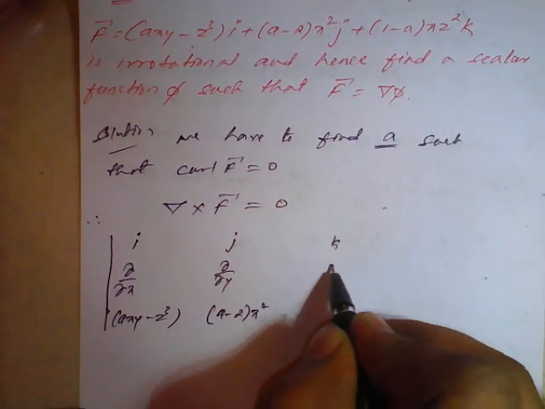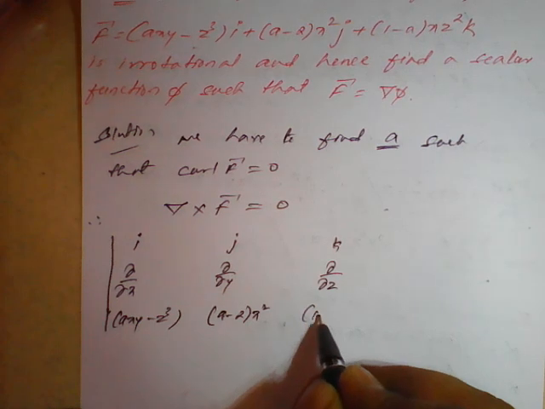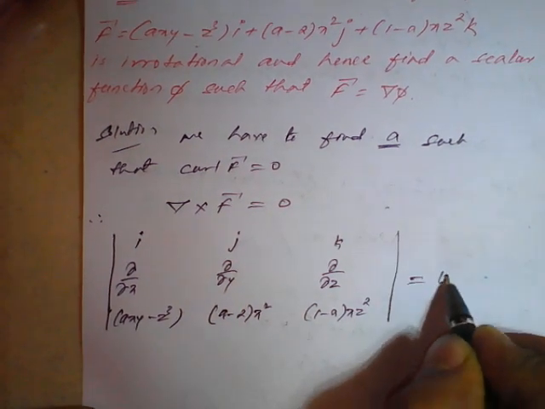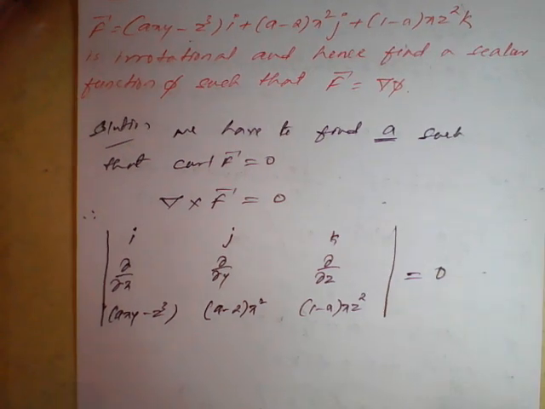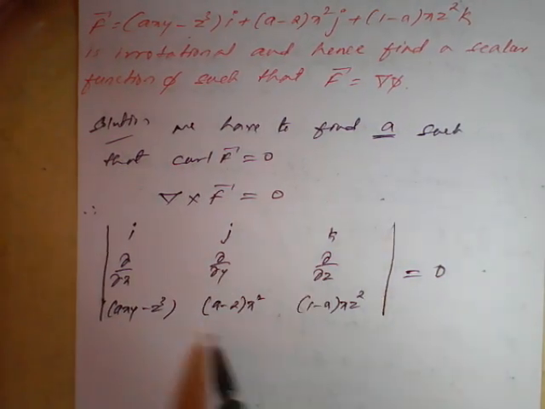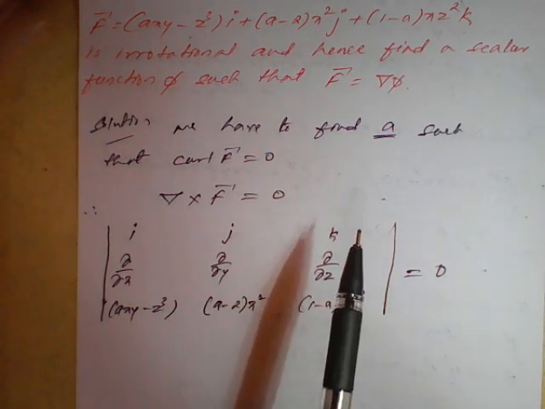Then K, dou by dou z, and the coefficient of k, 1 minus a of x z square, equal to 0. Already they are telling us it is irrotational, so with this condition we need to find the constant value A.